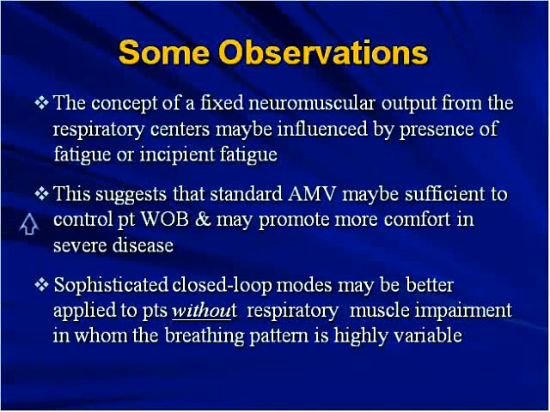The advantage of this is that it suggests that standard assist mechanical ventilation modes may be sufficient to control patient work of breathing, and actually may promote more comfort in severe disease, because the patients aren't breathing all over the place. They have a fixed output. And that sophisticated closed-loop modes may be better applied to patients without respiratory muscle impairment, in whom the work of breathing pattern is highly variable.